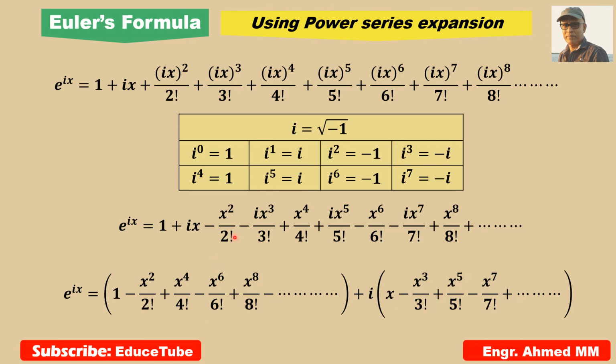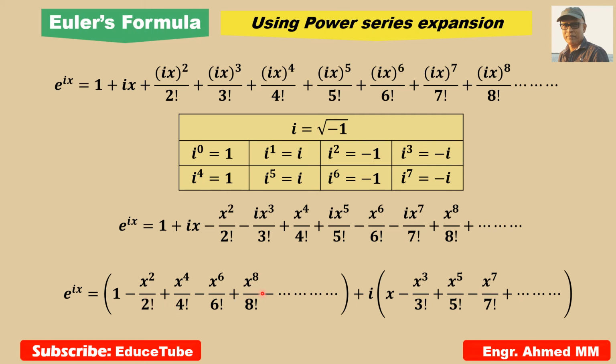Look at here. All are odd numbers. This one has all even numbers. This one has all odd numbers: 3, 5, 7. This is 2, 4, 6, 8, which are even. So the total terms are divided into two parts.